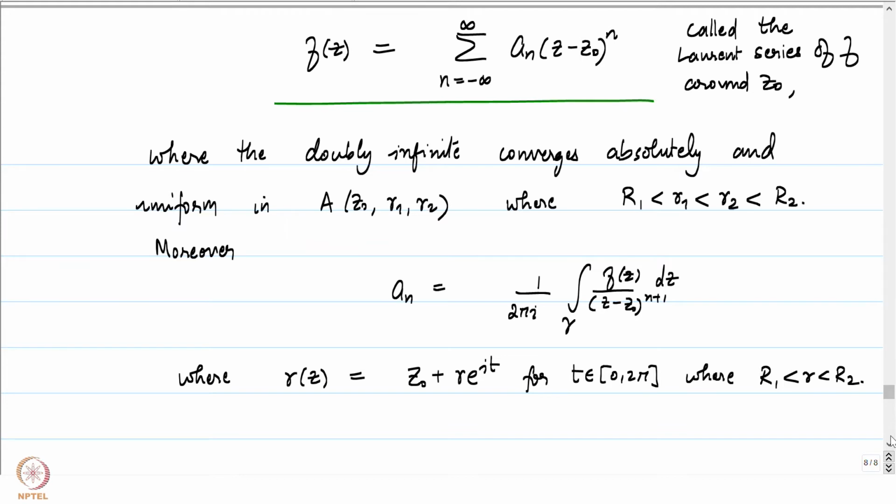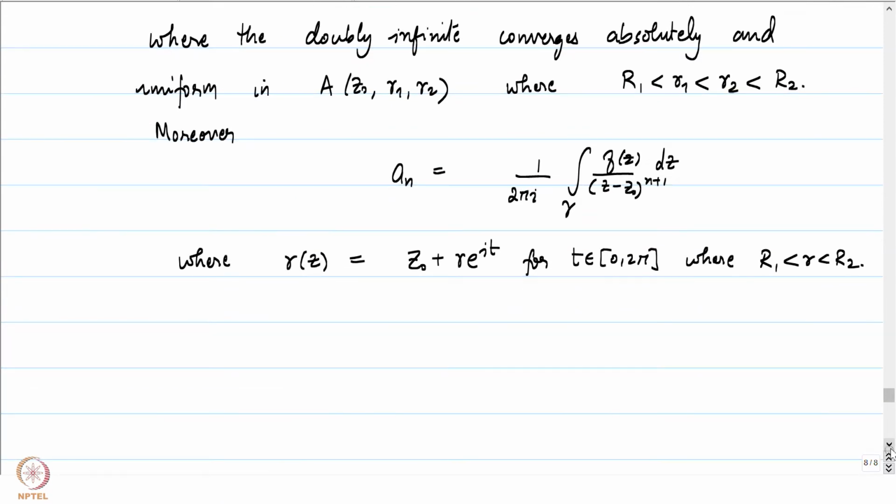So, if you try to find the analog of this with holomorphic functions defined on D(z0, r2), say, what would have happened is that we do have a power series expansion, and that is a series which starts from 0 to infinity. Here, however, the closed disk of radius r1 is removed from the disk of radius r2, and the series development is in this annulus that we are considering now.